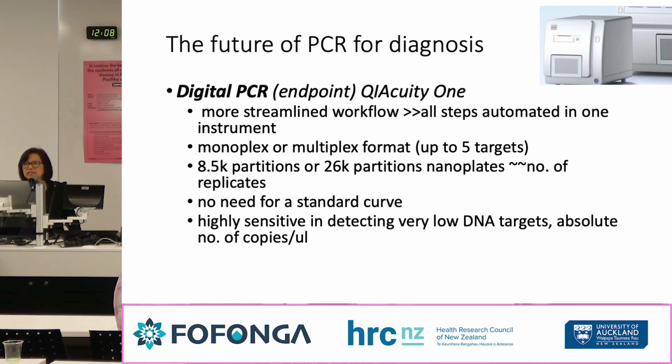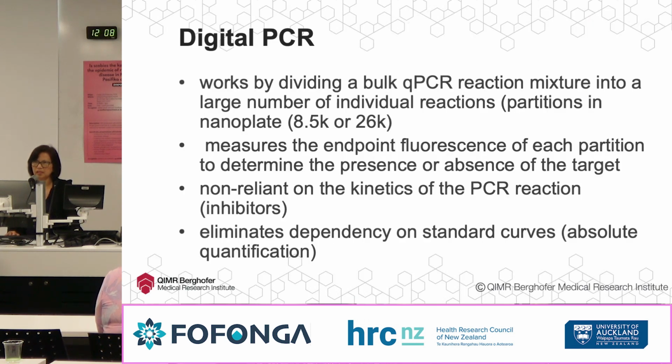And this one does not need a standard curve or reference. You only have to put your positive and negative control plus your no template control. This is highly sensitive in detecting very low DNA targets because it reports the absolute number of copies per microliter. So it works by preparing your PCR mixture. For example, our previous protocol uses 12 microliters.